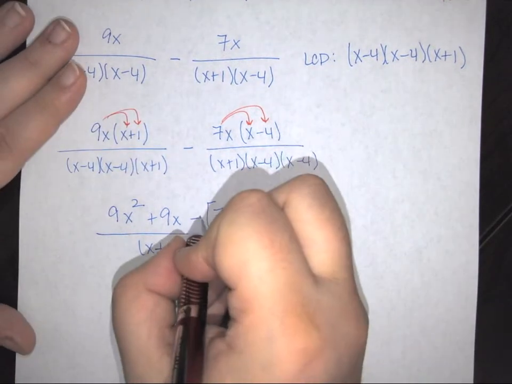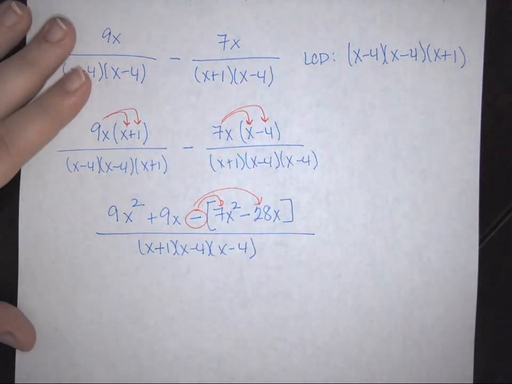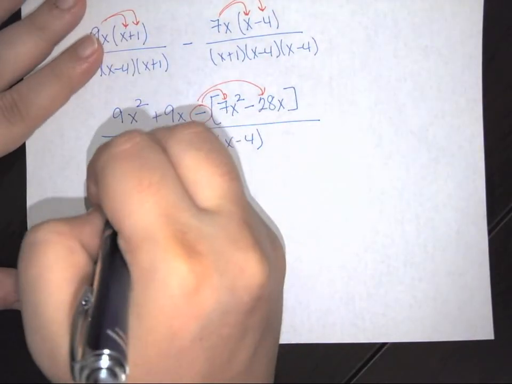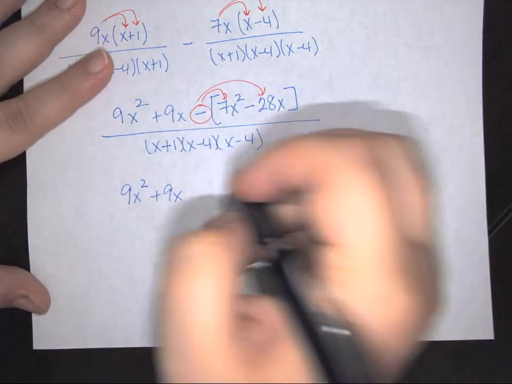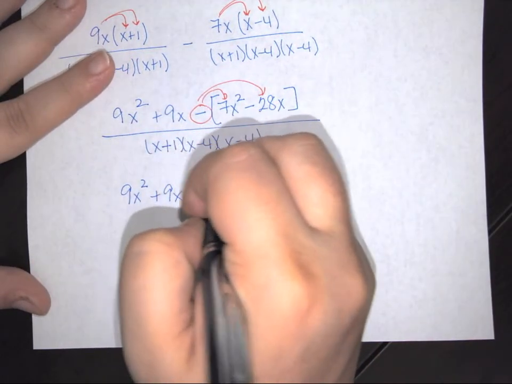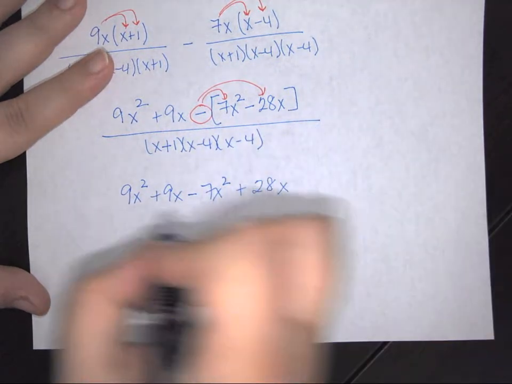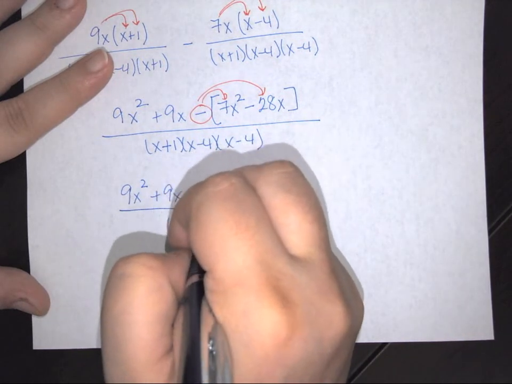I now have to take this negative and distribute it through my fraction here. So this is 9x squared plus my 9x. Distribute the negative through, makes it negative 7x squared plus 28x, which is all over that lowest common denominator.